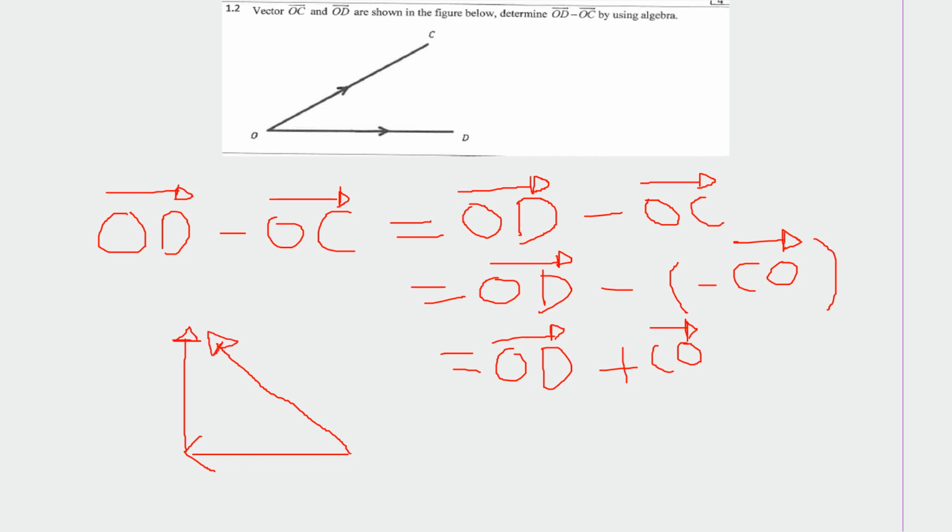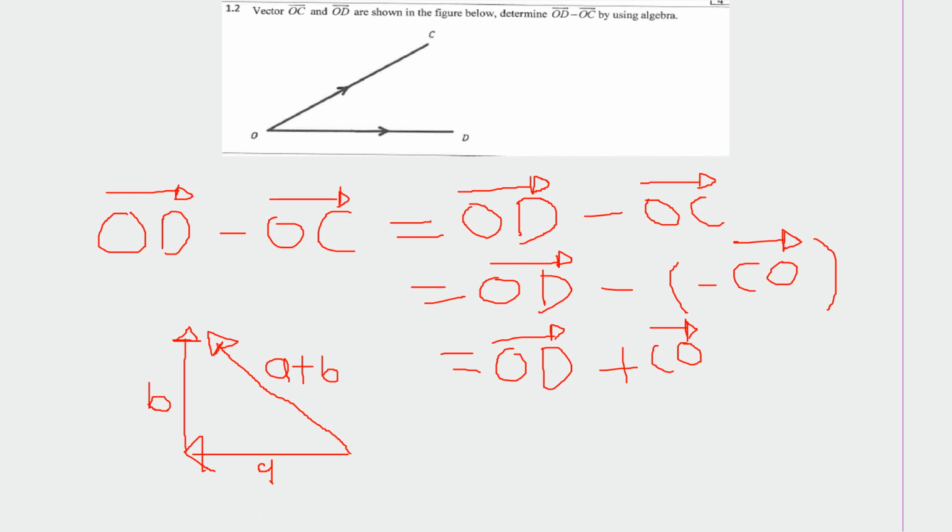So this is how you determine the sum of vectors. Let's say this vector was A and this vector was B. So the resultant will be A plus B. So every time you have to start like this, use the head to tail method, and then the resultant is where it started and where it finishes.